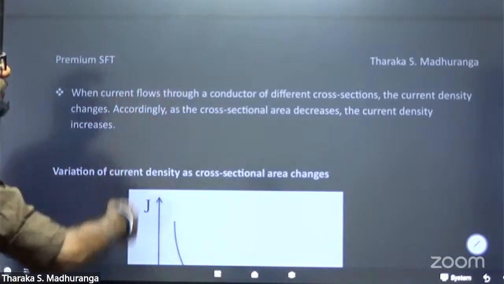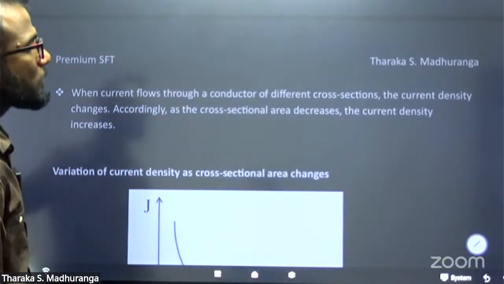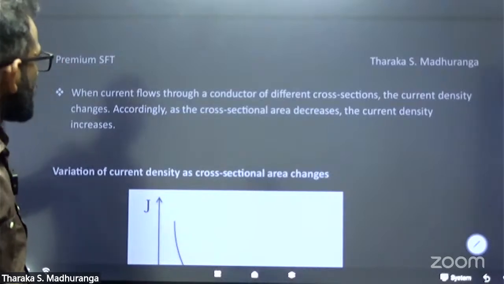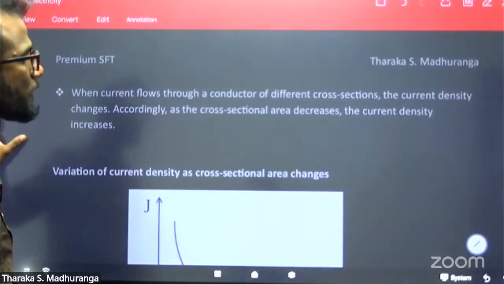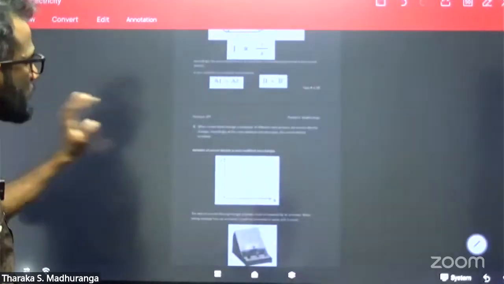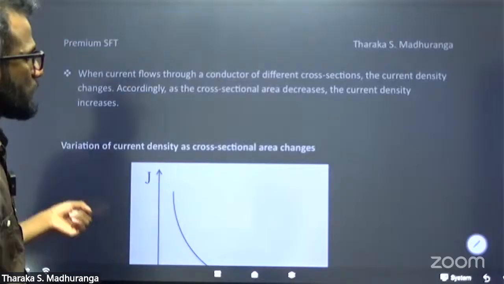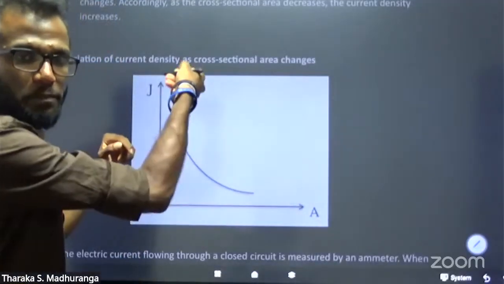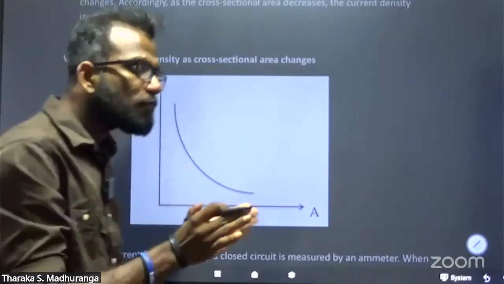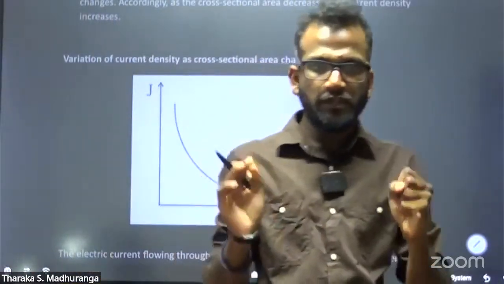When current flows through a conductor of different cross sections, the current density will change accordingly. As the cross sectional area decreases, the current density increases. This type of relationship graph always comes up in this lesson.